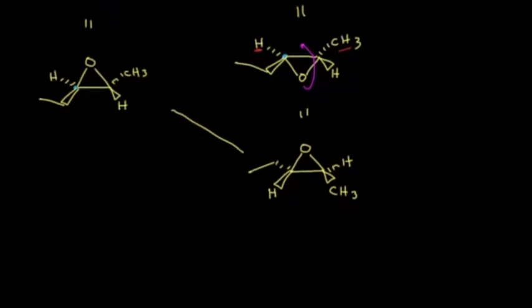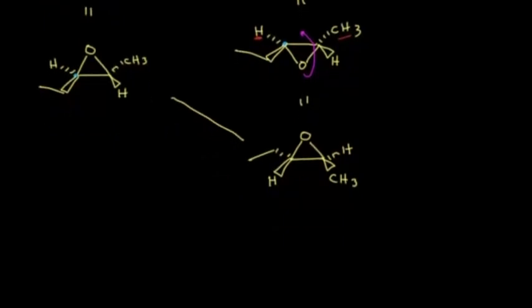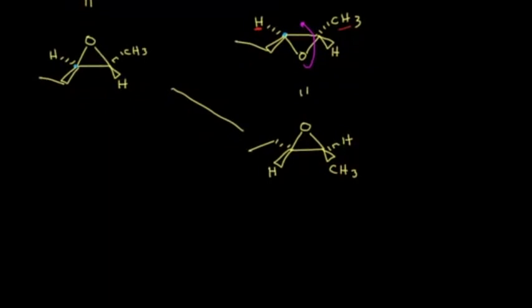So if I were going to name these two molecules, I have to think about how to do it. I need to find my longest carbon chain, and I want to give my epoxy substituent the lowest number possible. So if I'm going to number my carbon chain, I would make this carbon number 1, this carbon number 2, 3, 4, and 5, like that.